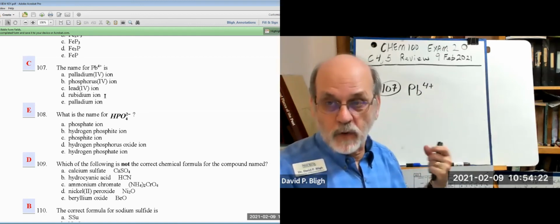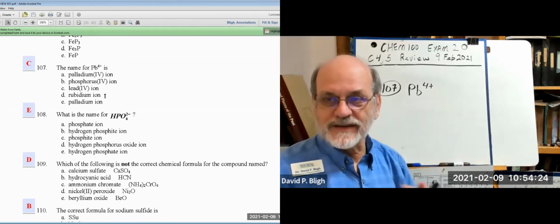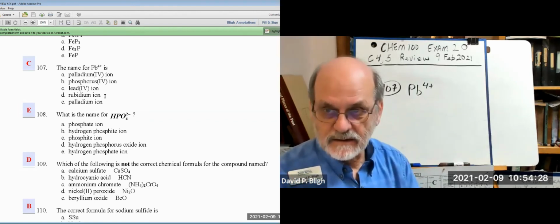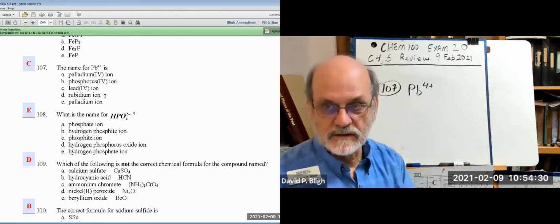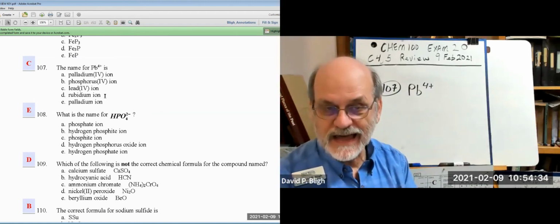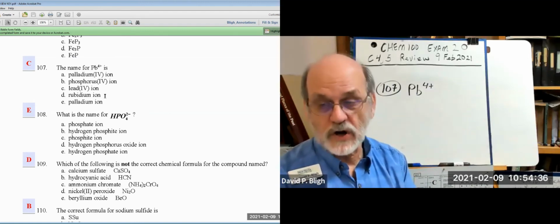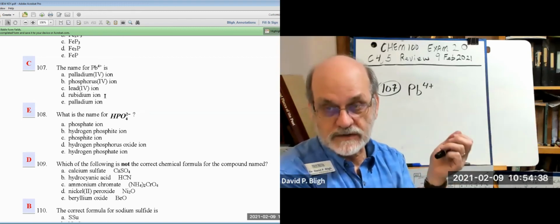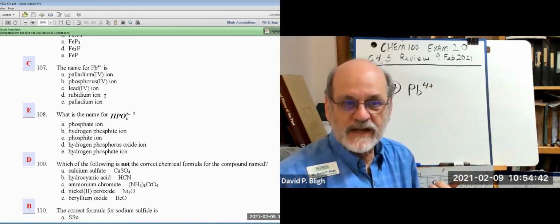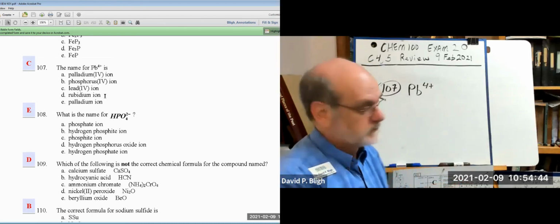So, and where does it come from? It's a transition metal, right? So if we're going to name it, we have to say what the charge is. Otherwise, if we just say Pb is lead, right? If we say lead ion, we don't know what the charge is, because lead could be multiple charges. So we have to say lead 4 ion.